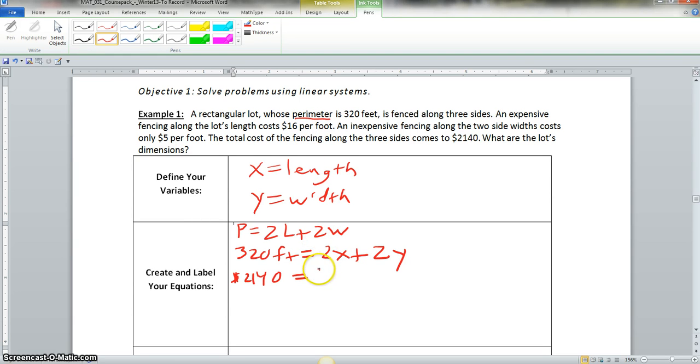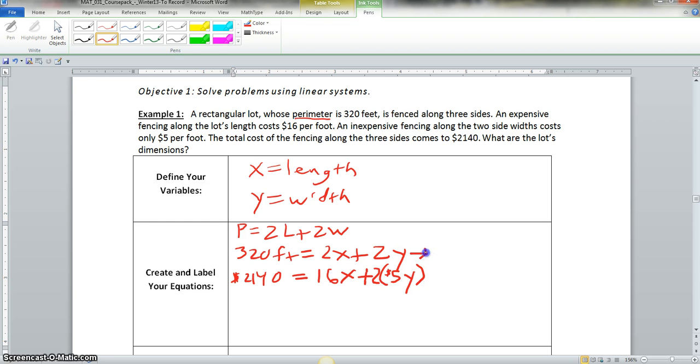So it'd be 16 times x, because all of our length is $16 per foot. Now the next thing, we have to deal with our width. Now our width we have to treat a little differently. We know that our width is $5 per foot, so it'd be 5 times y. But remember, we have 2 sides here, so it'd be 2 times 5y.